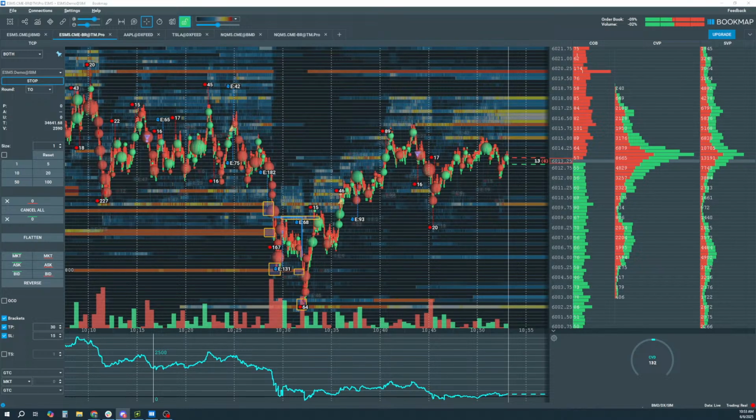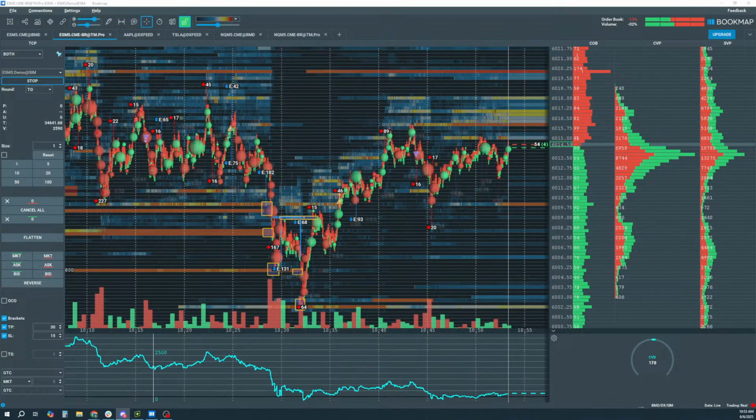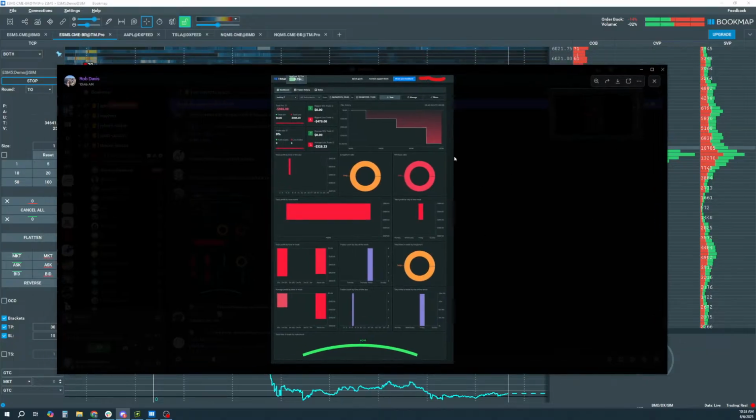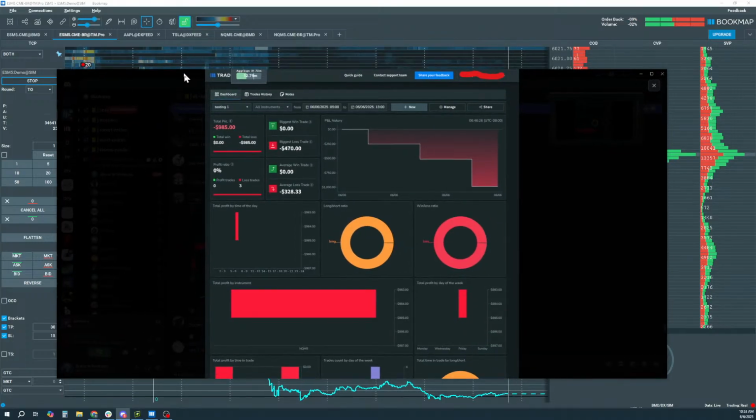Rob, it's great you're using the, if you don't mind me showing here, this is our trading journal, and it's showing a lot of metrics in here. Rob, I really commend you for using this and showing this.